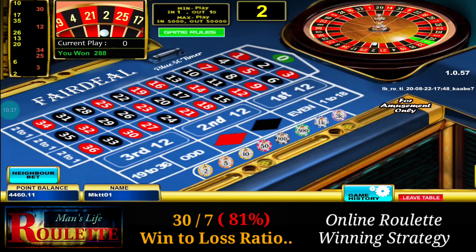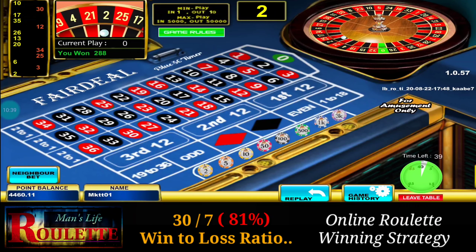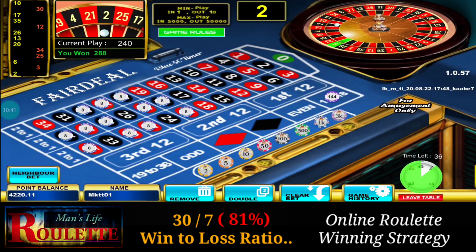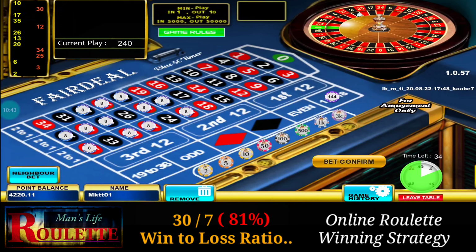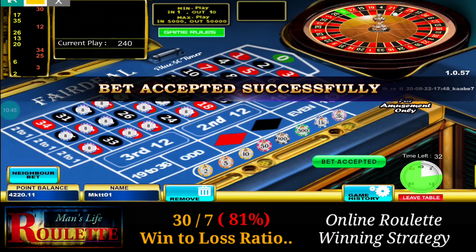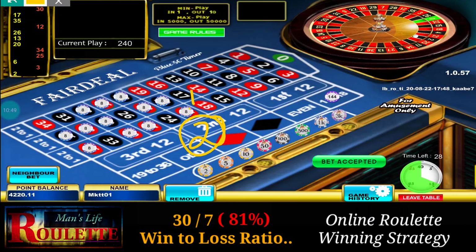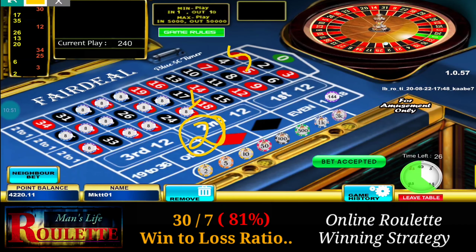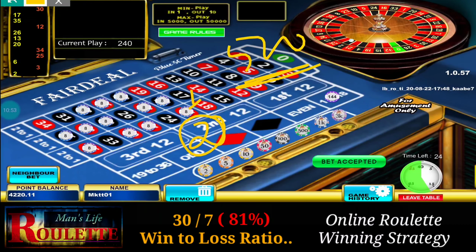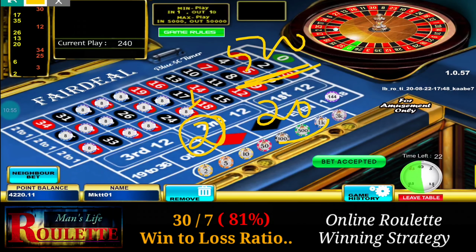So why this kind of strategy is not viable in real roulette, let me tell you that. In real roulette, what will happen, here I have started from 2 units at each position, but in real roulette it must be 500 or at least 200.